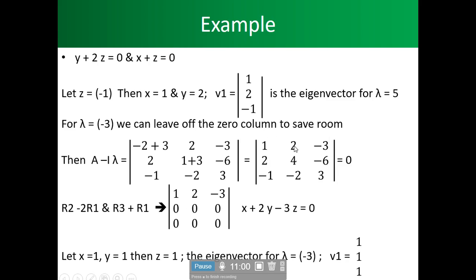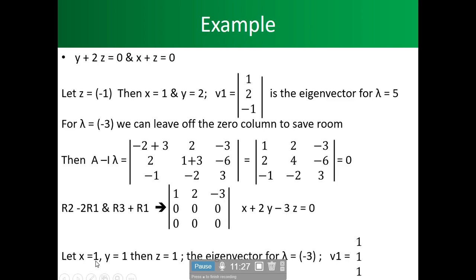If you look a little closer, you'll see that row 3 and row 2 are just negatives of each other. You add them together and you get 0. As you can see also, row number 1 and 2 are just a multiple of 2. So our final equation will be x plus 2y minus 3z equals 0.